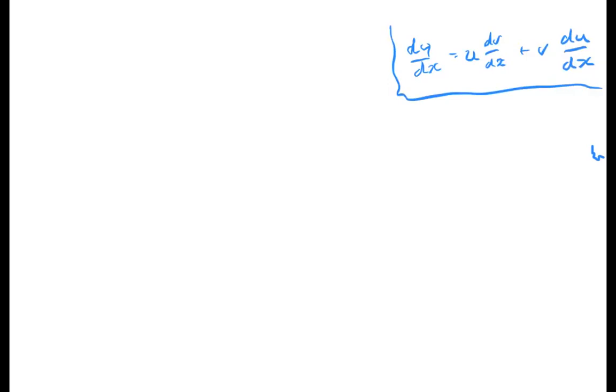What we have to do is, the function we're trying to differentiate is y is equal to 3x squared times sine 2x. So what we have to do here is say, let u equal 3x squared.